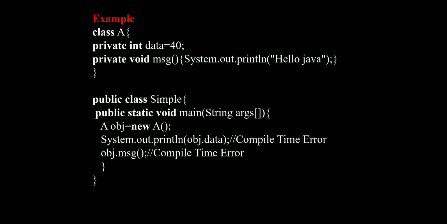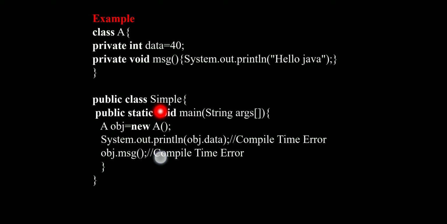Within that we write the private method, that is private void message. In that message we are going to print Hello Java as a statement. This is the closing of method, this is the closing of class.